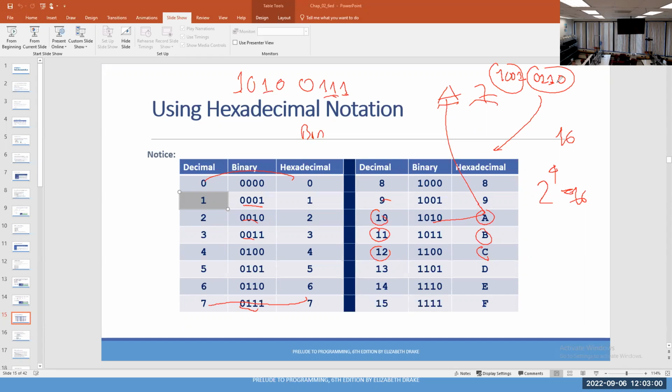I just convert back, right? So we have 1001 here. This one, I have 9. Now, what is this one here? You have 6 here. Yeah, that's all. That's how you convert from the hexadecimal to the binary, and then I reverse it.